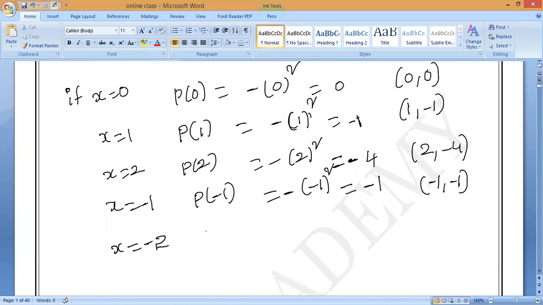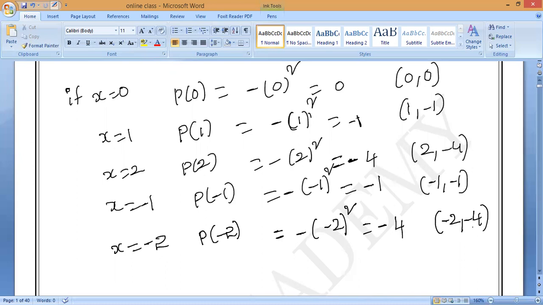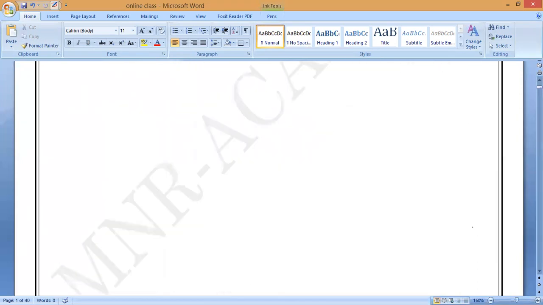Minus 4, ma'am. Minus of minus 2 whole square is plus 4, so it is minus 4. Point is minus 2 comma minus 4. Okay. Plot the graph.